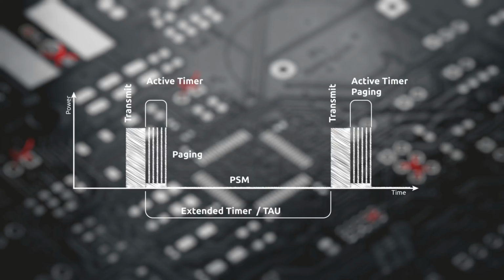After extended timer expires, the module wakes up, connects to the network again, sends data, performs tracking area update procedure, then switches to idle mode, and then PSM cycle may repeat. PSM offers the lowest power consumption, and it is a good mode for applications that only need to transmit data and don't have to stay reachable for the most of the time, like some meters, for example.